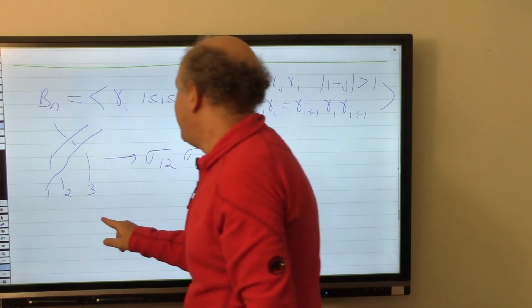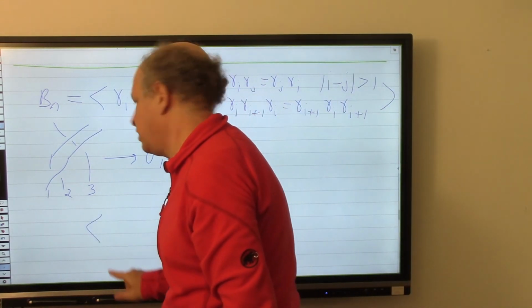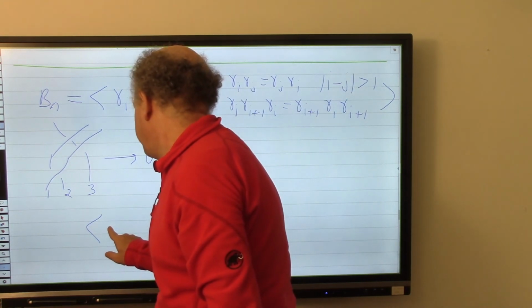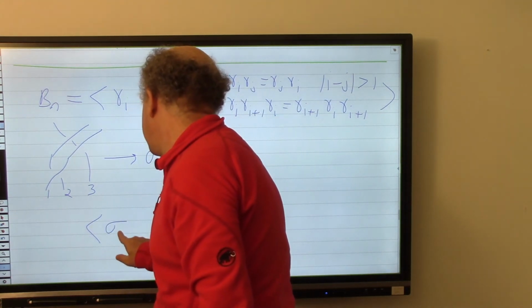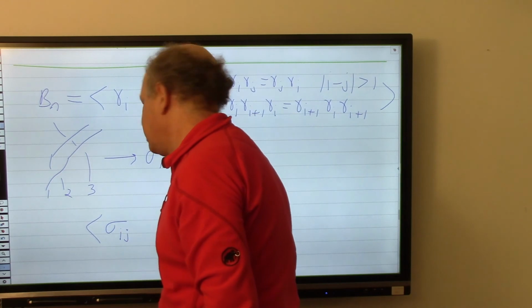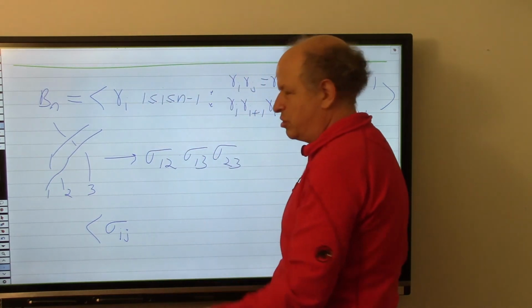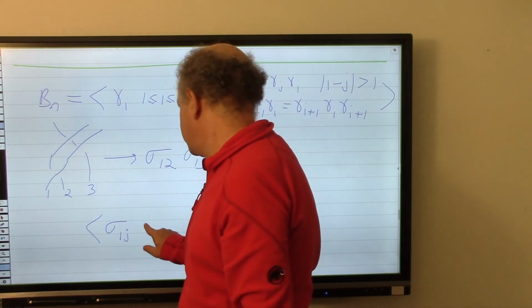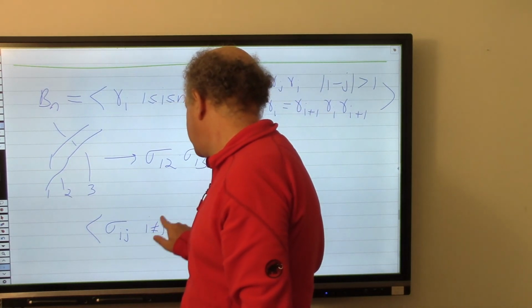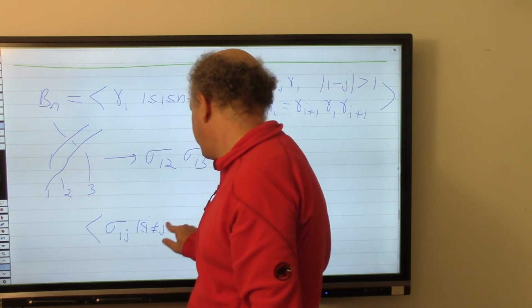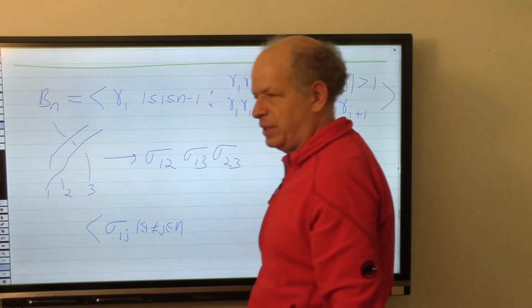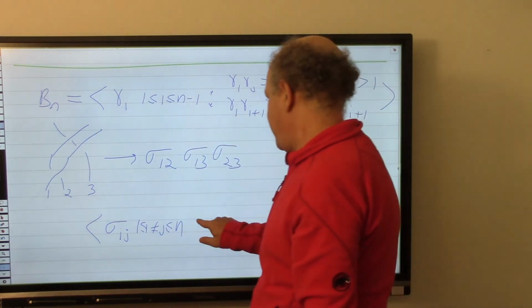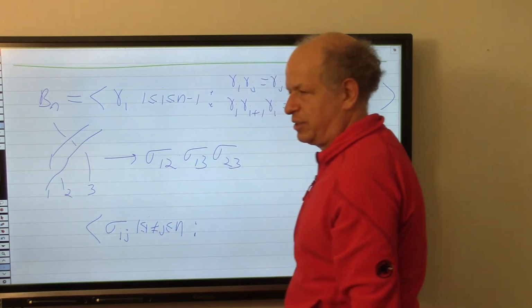So you are led to the presentation, so Bn would be generated by generators sigma ij. The only property is i is not equal to j. Well, sorry, both of them run from 1 to n. Okay? And then there are relations.